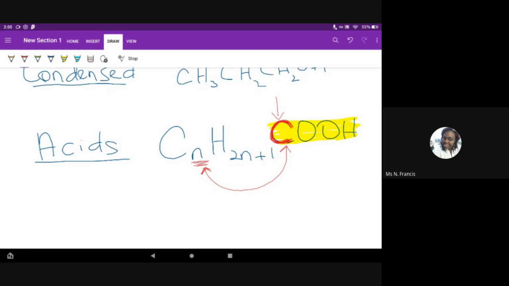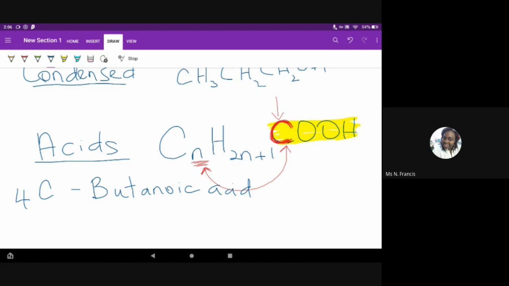So let's do an example. Let's do 4 carbon atoms. What's the prefix for 4? But. And because it's an acid, it's going to end with anoic acid. So the name of this compound would be butanoic acid. Excellent.